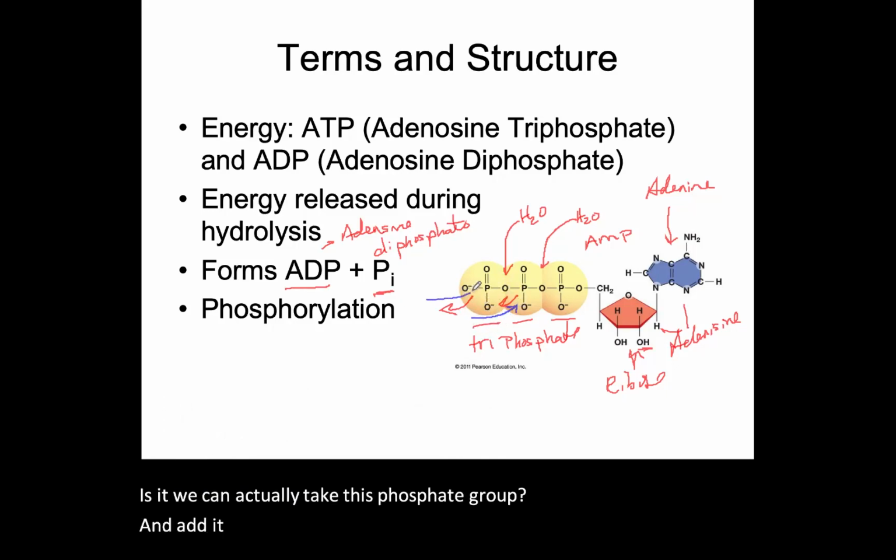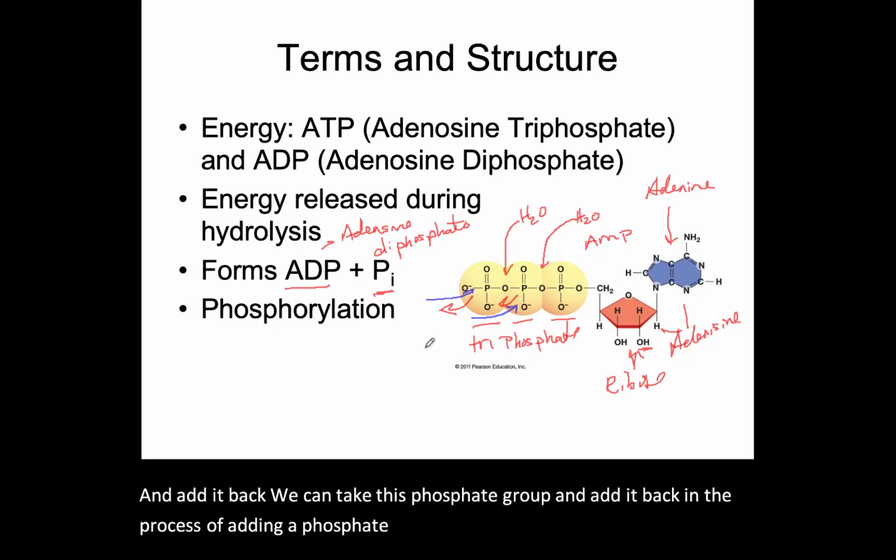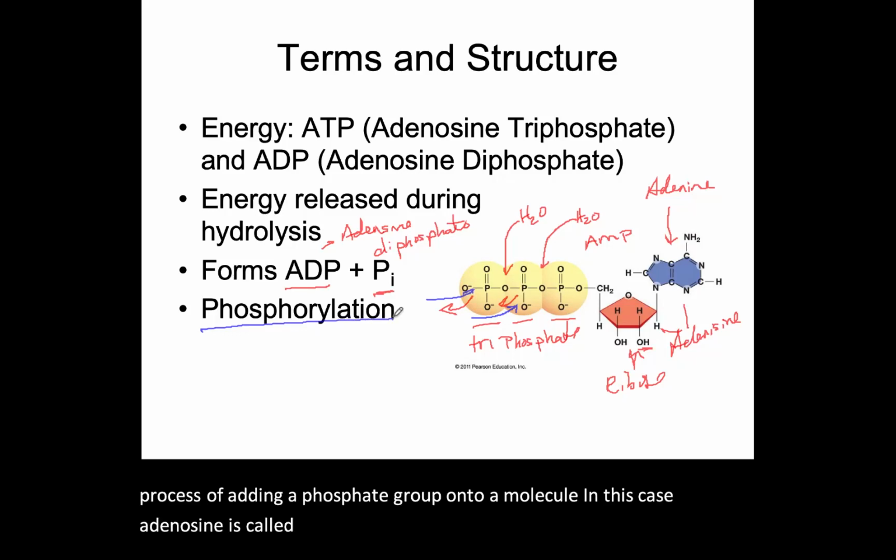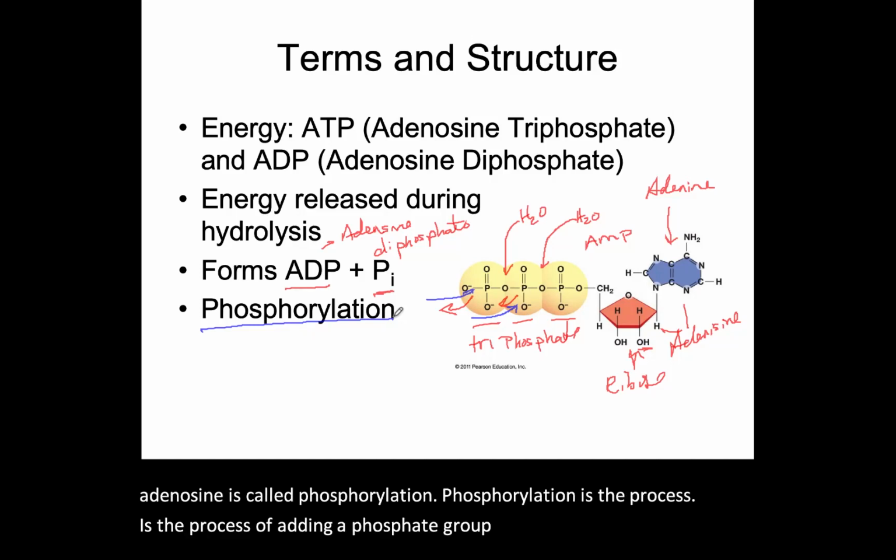We can take this phosphate group and add it back. And the process of adding a phosphate group onto a molecule, in this case adenosine, is called phosphorylation. Phosphorylation is the process of adding a phosphate group back onto a particular molecule.